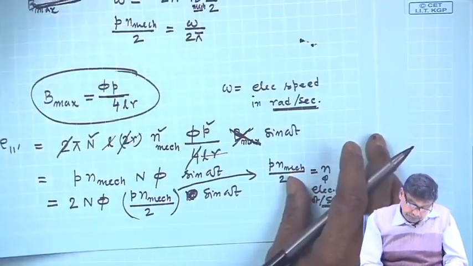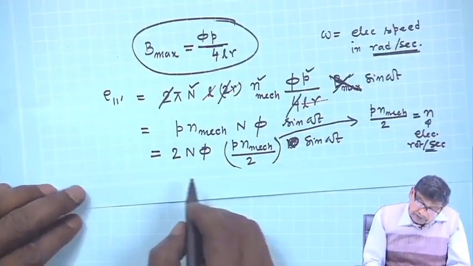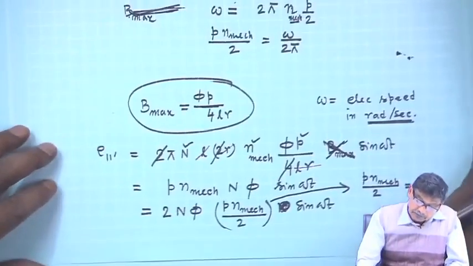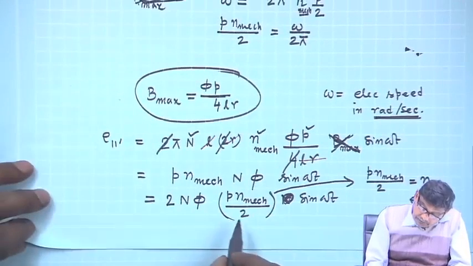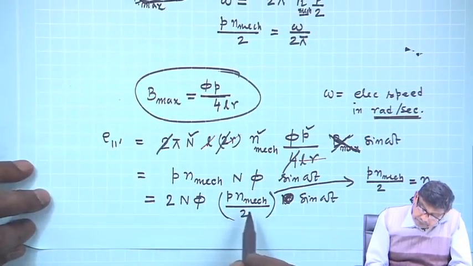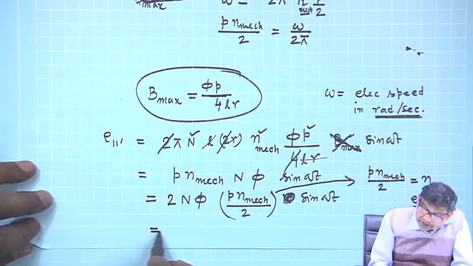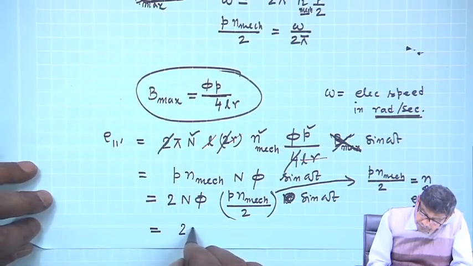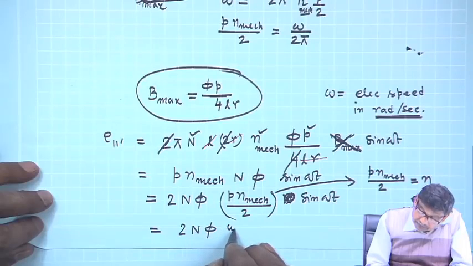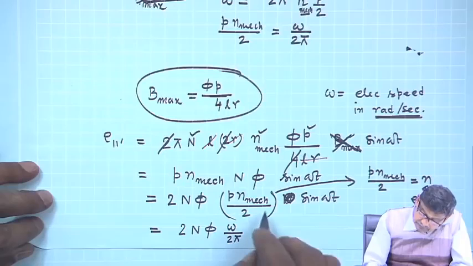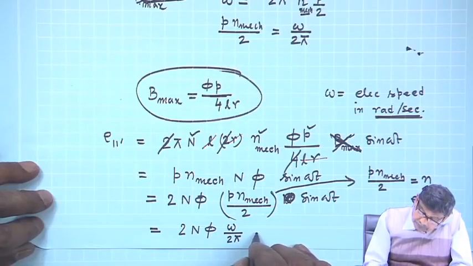So, this will then be equal to 2 n phi, and P n mechanical by 2 is omega by 2 pi, into sin omega t.